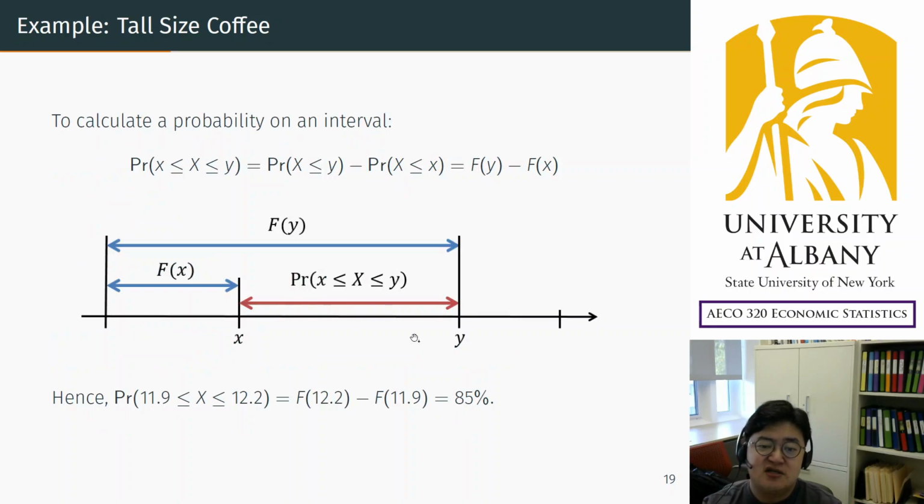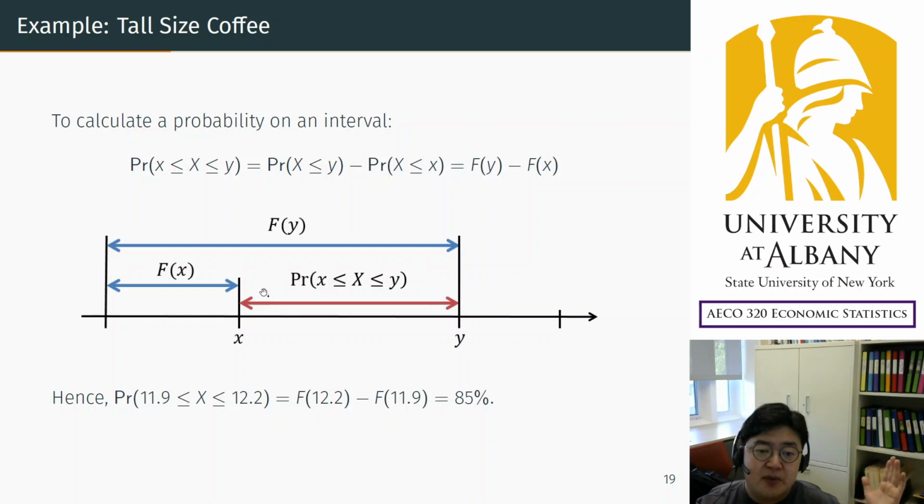Visually, you can write it this way. Choose 2 points x and y on the interval. Then the cumulative probability gives you the probability on the left-hand side of a point. So at x, you know this probability, and at y, you know this probability. You know the length of the interval on the left-hand side of each point, which is the cumulative probability.